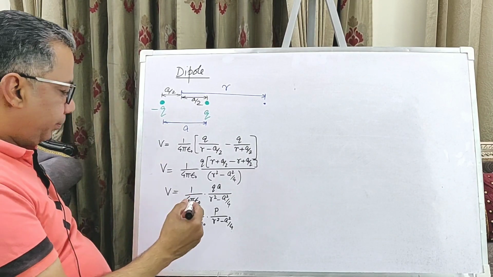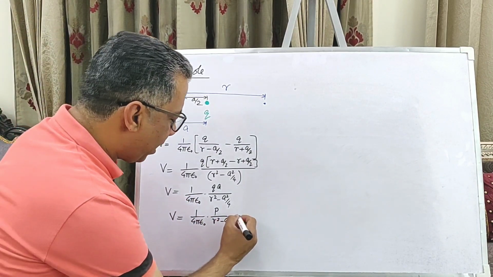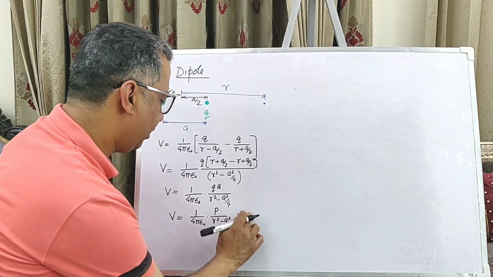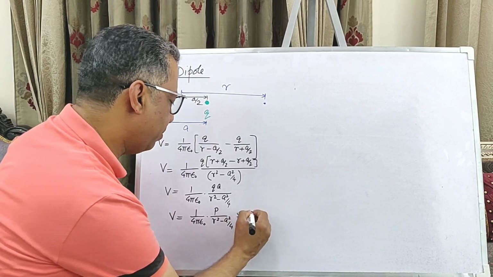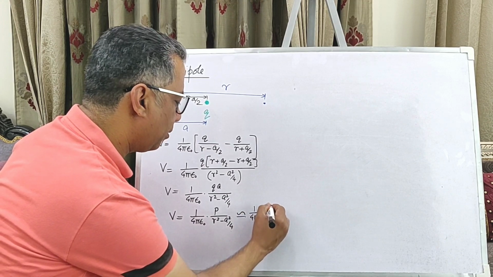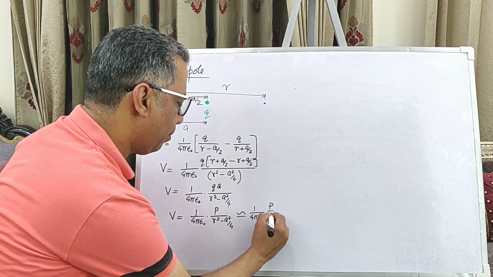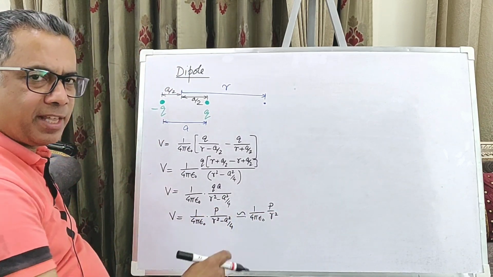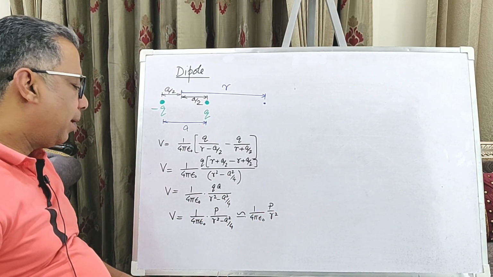Now if A is small compared to R, this is approximately equal to 1 by 4 pi epsilon naught P by r square, because a square by 4 can then be neglected.